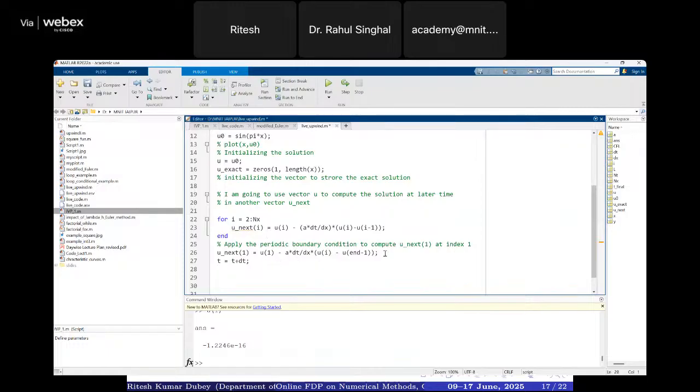So we have taken the initial solution in u, and we computed u at next, and once we computed all the values of u, we can increase t equal to t plus delta t, and we will again swap the value of u next into the old u, and we will keep on doing this.